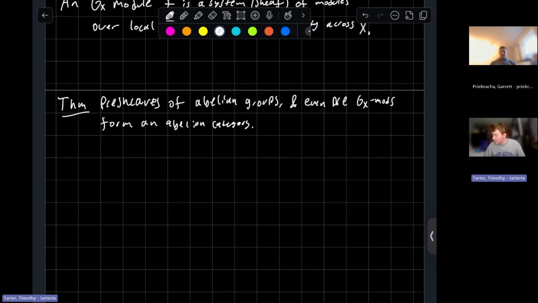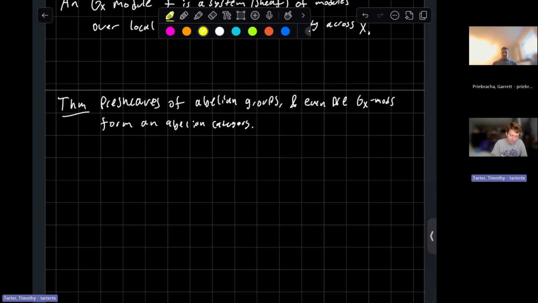In this way, pre-sheaves of abelian groups form an additive category, and then by definition 1.5.1, the morphisms between any two pre-sheaves of abelian groups form an abelian group. There's a zero object and one can take finite products. For exactly the same reasons, sheaves of abelian groups also form an additive category.